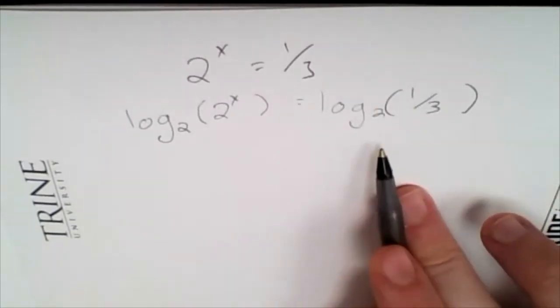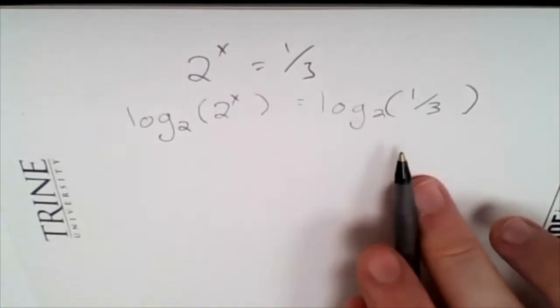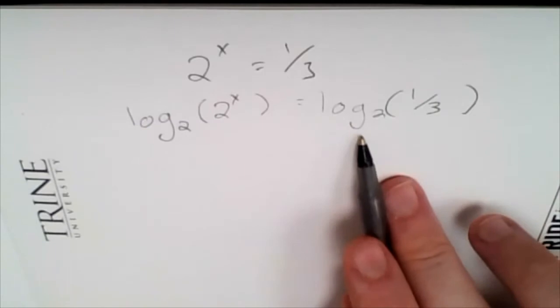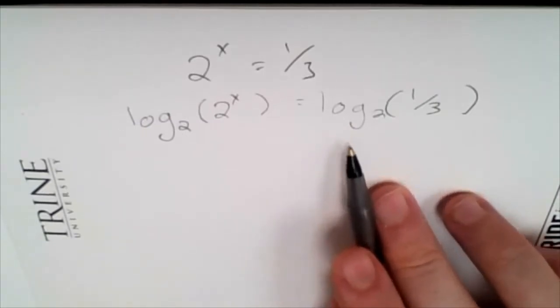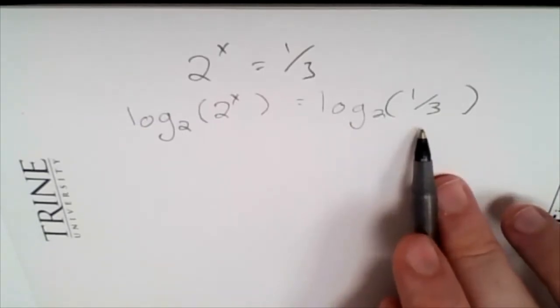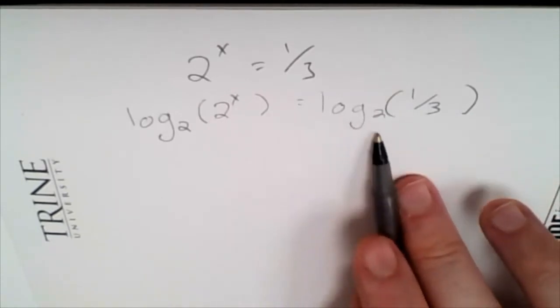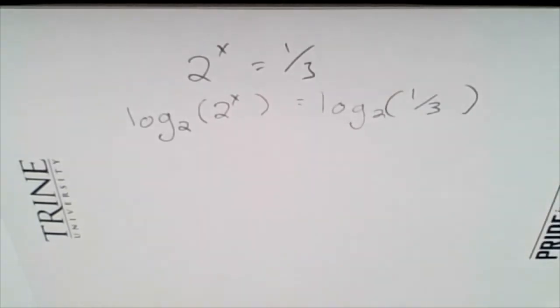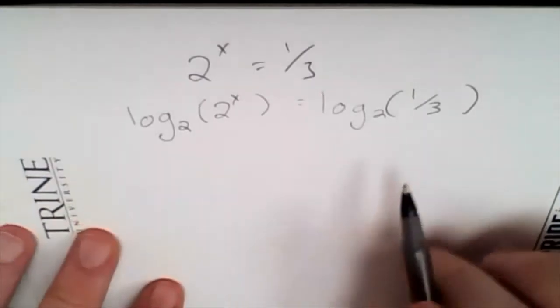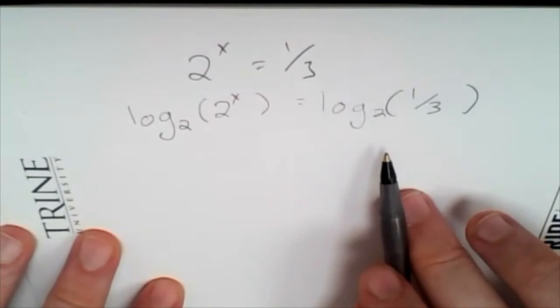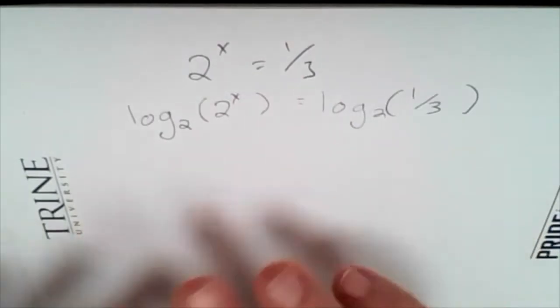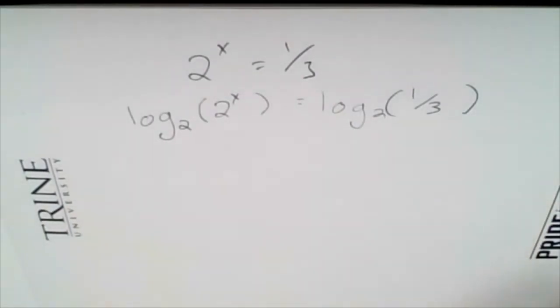On the right here, this is just a number, right? I have a function, logarithm. I have given that function an input, 1/3, and log base 2 of 1/3 is just some real number. Right now, I'm not terribly concerned with the decimal expansion of this number. I'm more concerned about the algebraic manipulations.